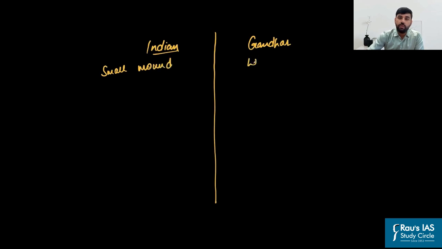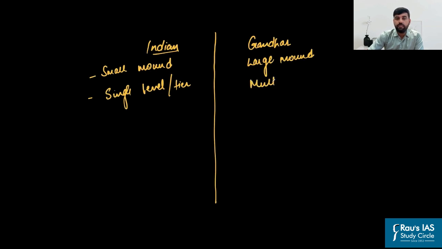Here you have a large mound, right? Secondly, here you have a single story, or single level or tier, whatever you call it. Here it is multiple. This is indigenous. This is external influence.